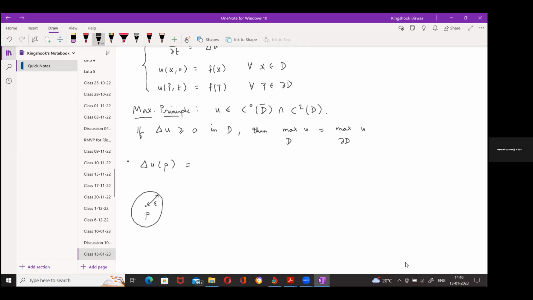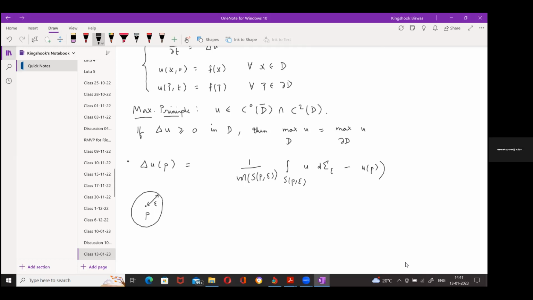The average value will be 1 over the volume of the sphere of radius epsilon, and then you'll have the integral over the sphere of radius epsilon of U d sigma epsilon. This is again surface area measure on the sphere. So this is the average value, right? This minus the value at the center.